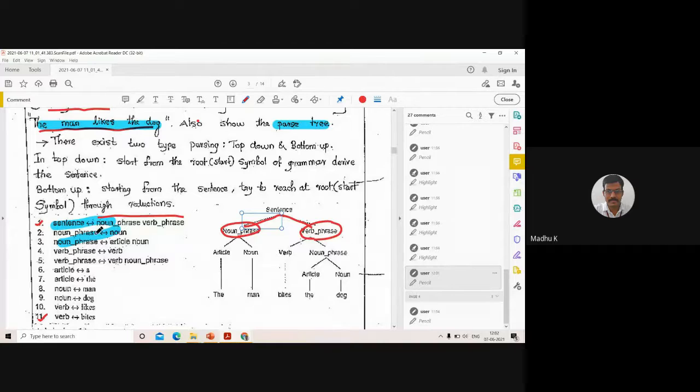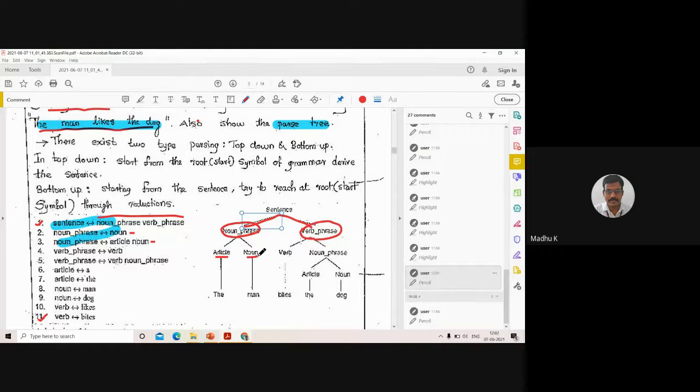We can replace noun phrase with article noun.